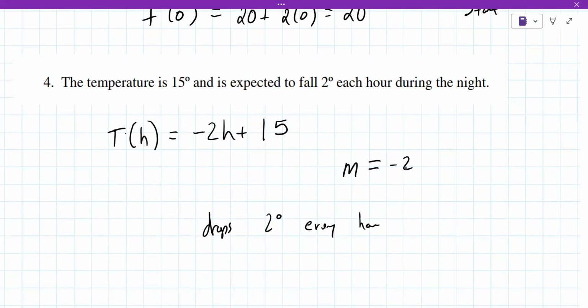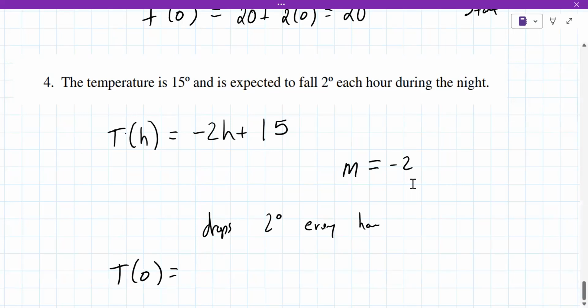Okay. Now, what is T of 0? Could you calculate that for us, please? That would be 15 plus -2 times 0. It would be 15 plus -2 times 0. Yes.